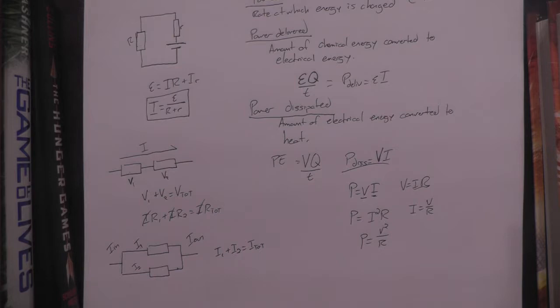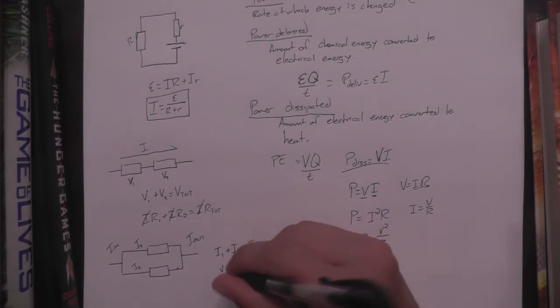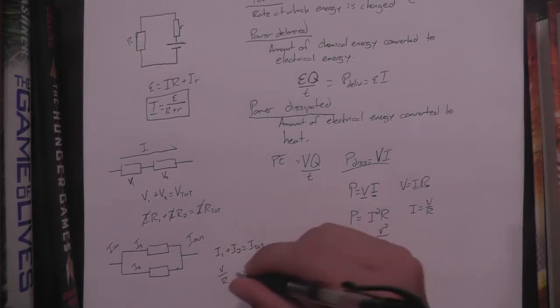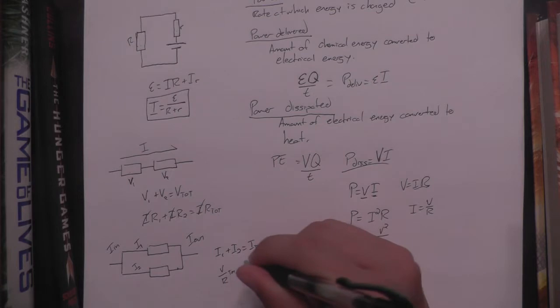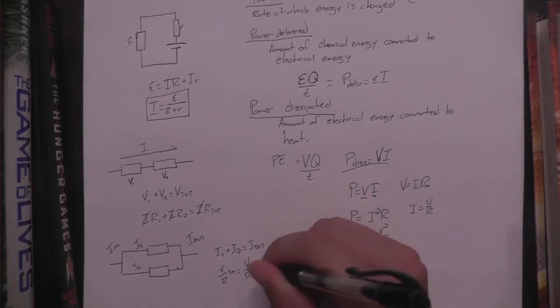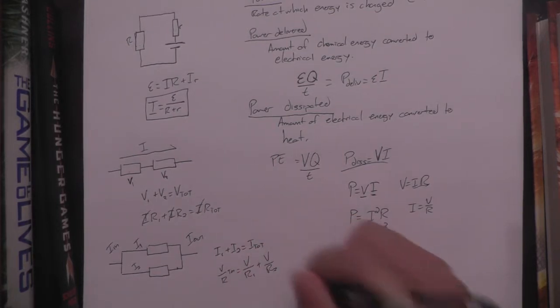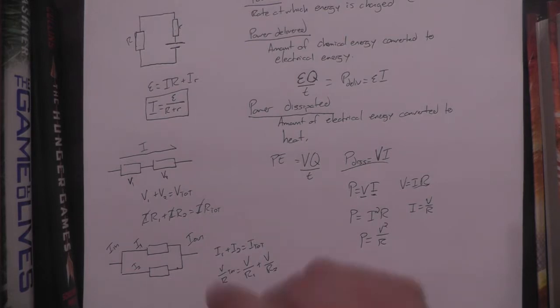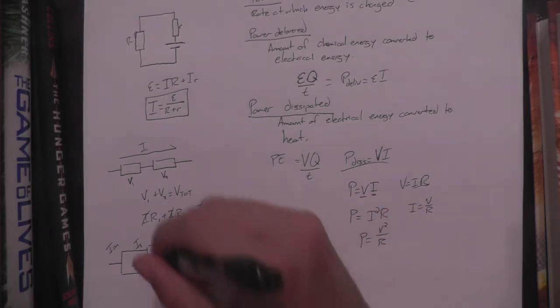So we know that current equals voltage over resistance. That means V over R total equals V over R1 plus V over R2. And voltage, thankfully enough, is constant throughout.